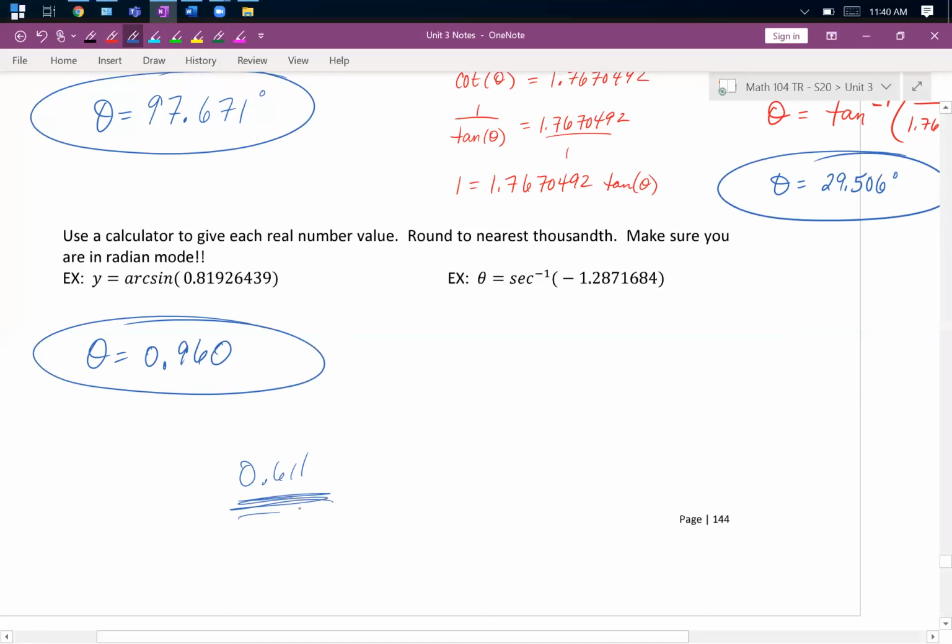I like Amber's answer better. I got 0.96. I got 0.7306. You are doing something weird with your calculator.